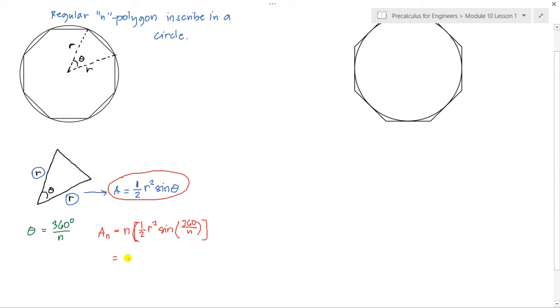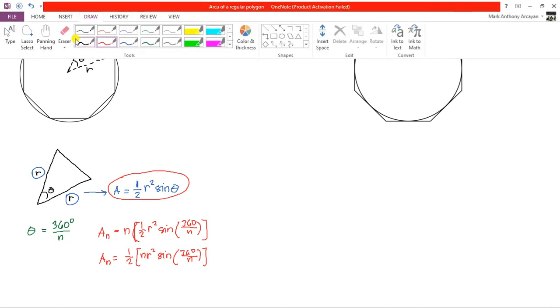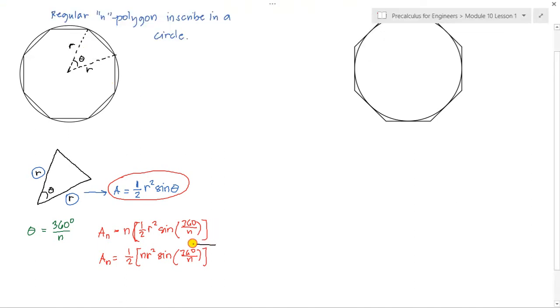Okay, so rearranging, this would become 1/2 n r squared sine 360 degrees divided by n. So this is the formula for a regular n-sided polygon with given radius. So meaning, naka-inscribe siya, naa siya sulod sa circle.